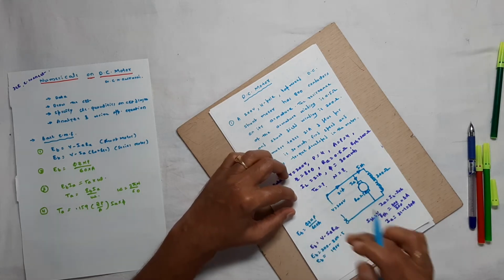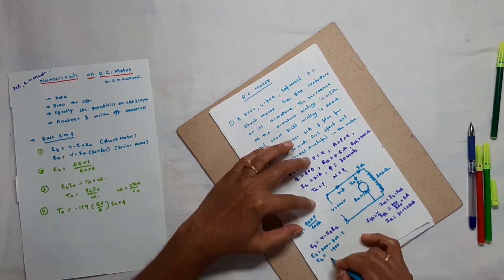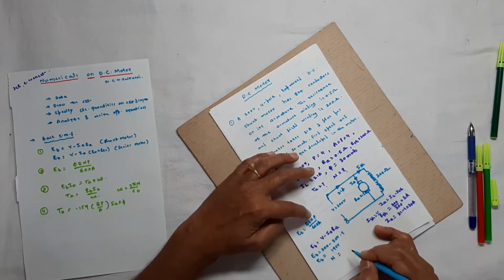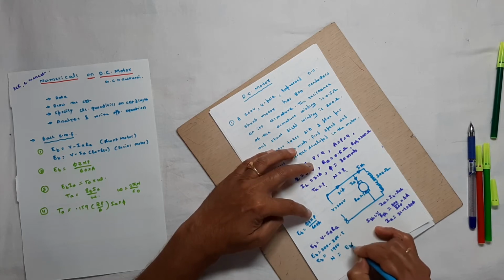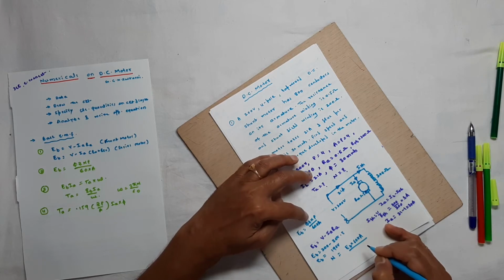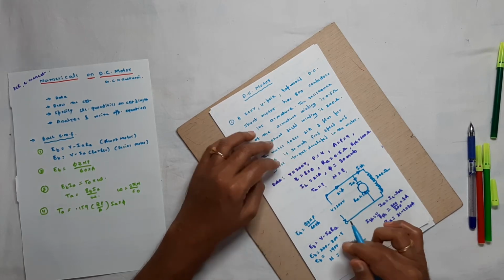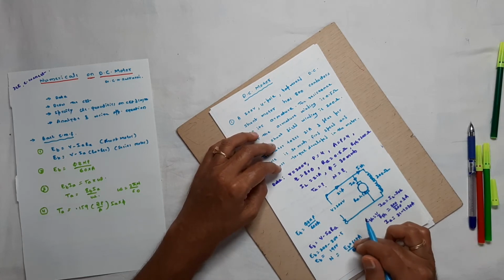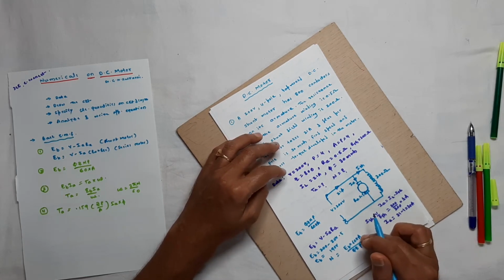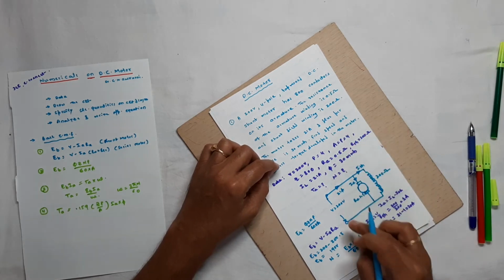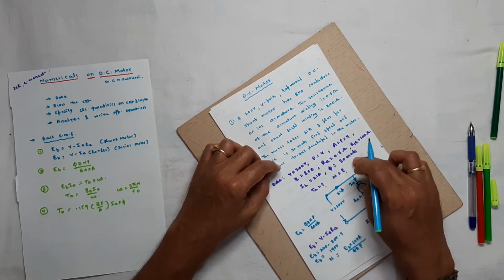Then from this equation you can find out N. What is the N? N is equal to EB into 60 into A divided by ΦZP. You substitute the value. EB is your calculated, 60 is a numerical, A is the number of parallel paths, that is 4. Phi is also given, that is 30 milliweber.